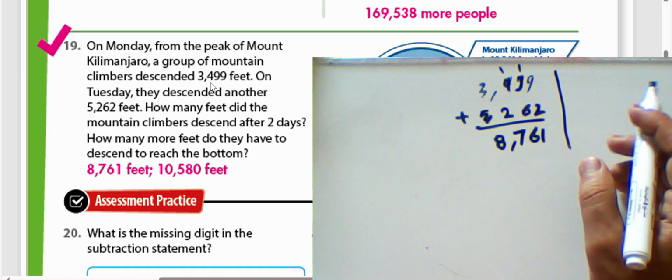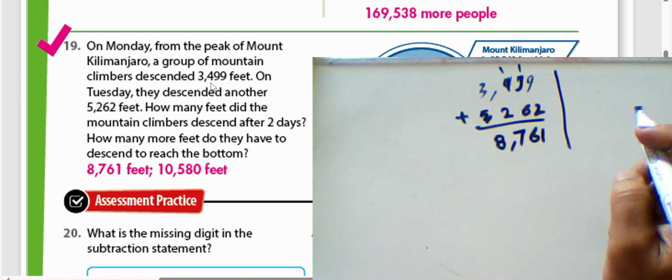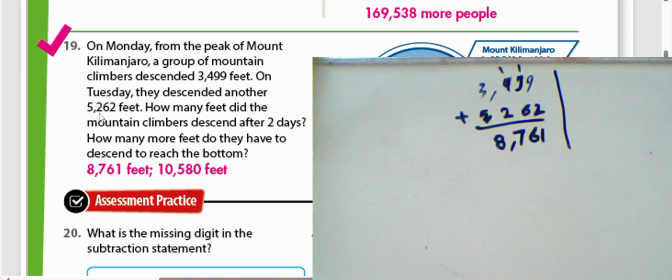How many more feet do they have to descend to reach the bottom? Okay, descend is the number here.